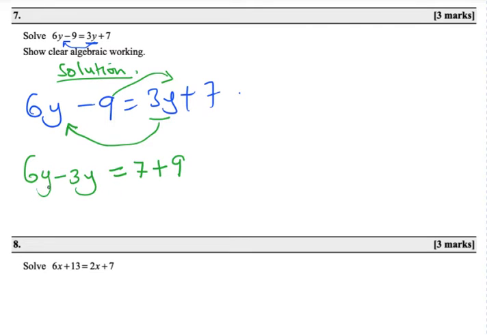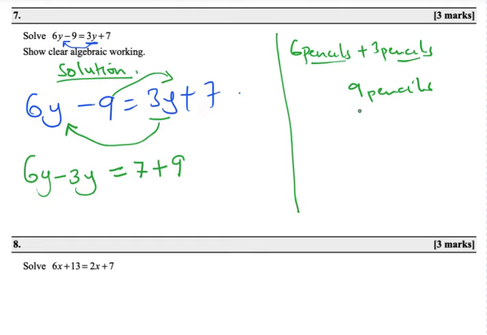Now, some people may be confused about like terms. This is not part of the question, just an explanation. If you have 6 pencils plus 3 pencils, when you add up you get 9 pencils. So pencils are like terms and you can add them together. But if you have 6 pencils and 3 erasers, you cannot add these because erasers and pencils are different.